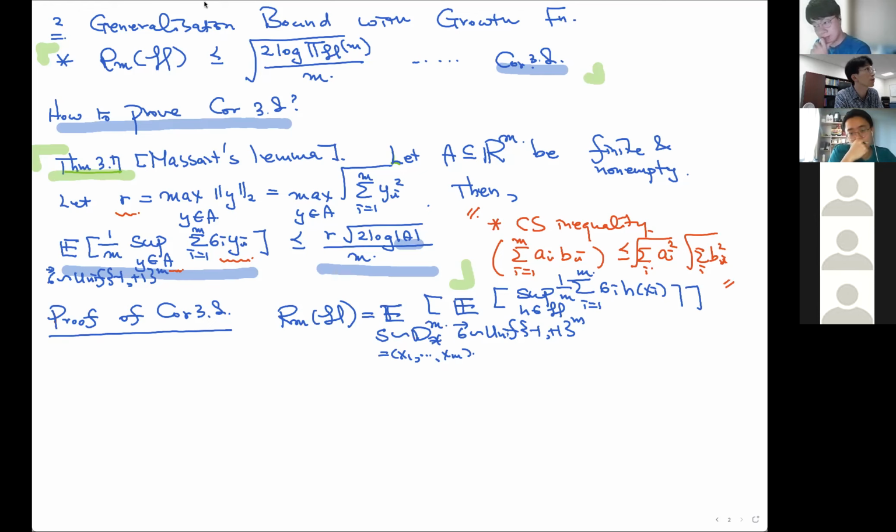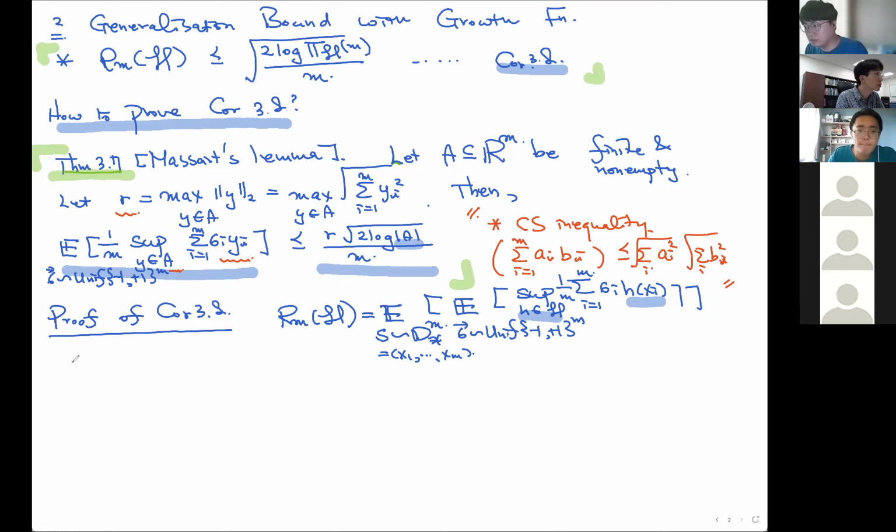Now we do some simplification here. If you look at this h together with h of xi, for each hypothesis, once sample x1 to xm is chosen, we are not really doing anything on this hypothesis other than just applying h to xi. So we can directly replace h by its values on xi. We're going to use some notation.